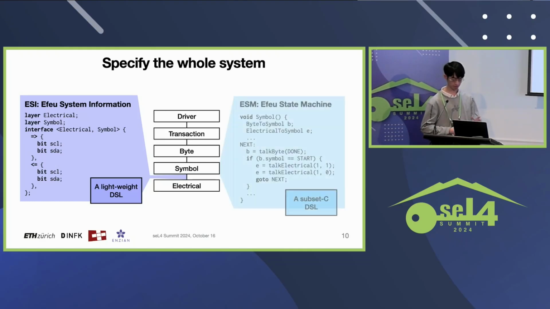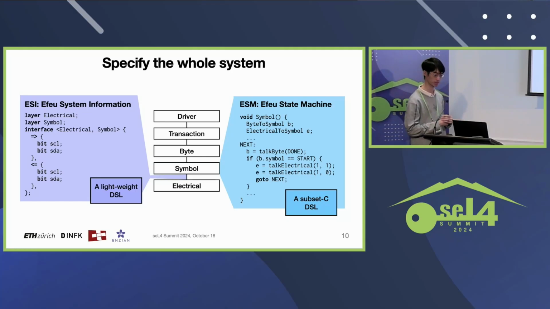After that, we can specify each layer as a coroutine, or informally, a finite state machine that runs indefinitely. There we use a subset C domain-specific language called ESM, or FOI state machine, to do that. On the right, we show an example of the symbol layer.